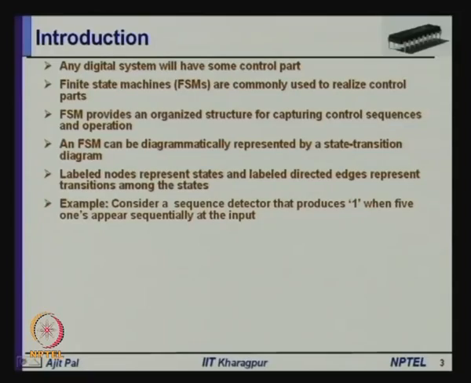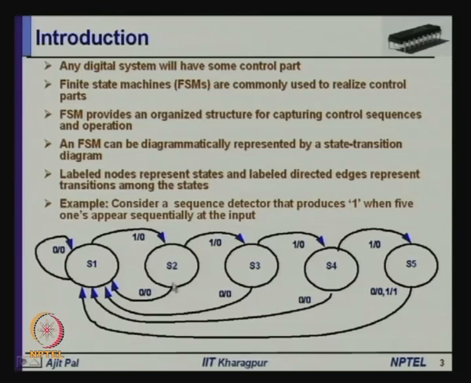And let us see how the state transition diagram captures the functionality and the transition sequences. As you can see, the finite state machine of this sequence detector that produces 1 when 5 ones appear sequentially at the input can be represented with the help of 5 states S1, S2, S3, S4 and S5.